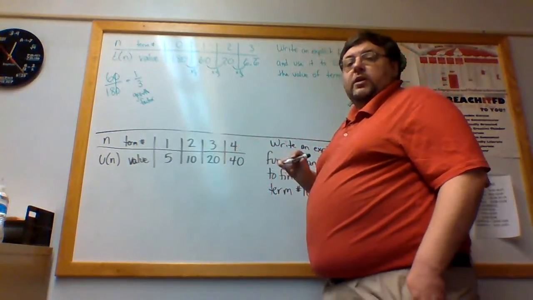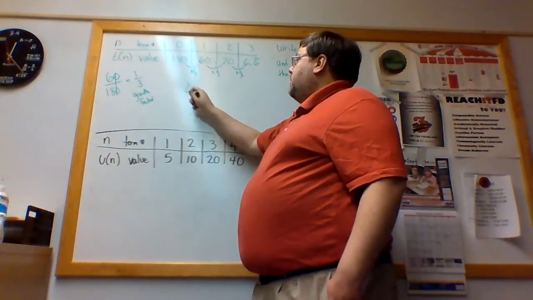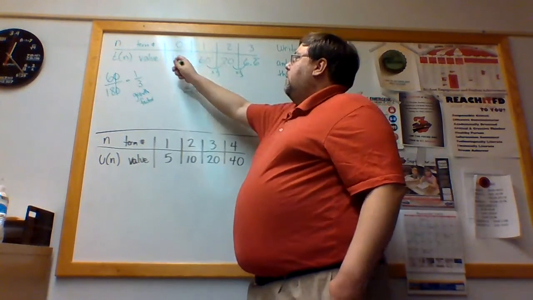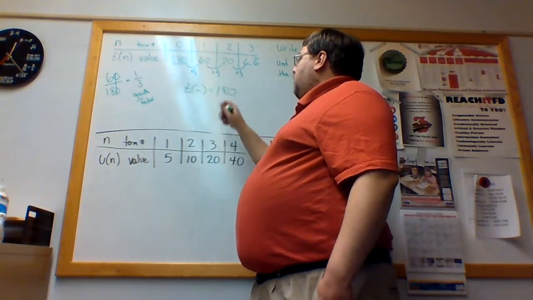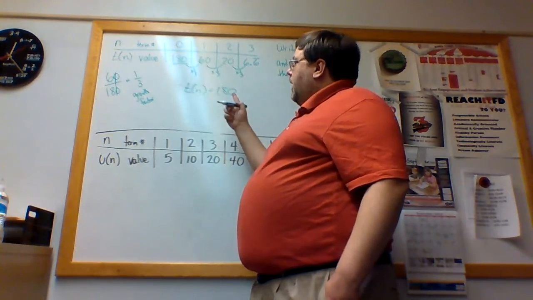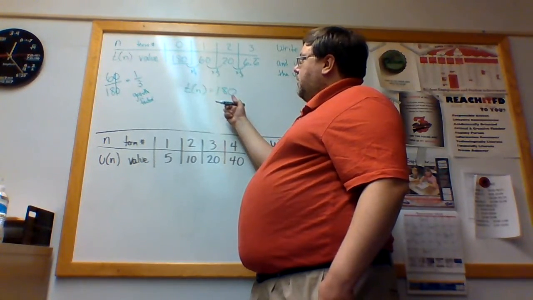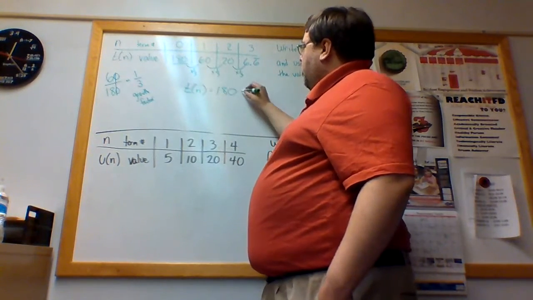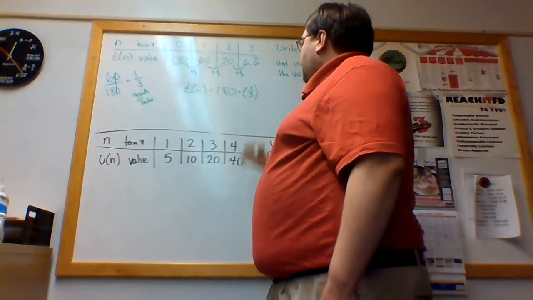When I go to write the explicit function for this then, I'm going to start with t of n equals 180. That was our first number we knew. Remember, I'm not just saying term 0 or term 1 makes 180. I'm wanting to say any term starts from that 180, and then since this says it multiplies by 1/3 over and over again, I'm going to put times 1/3.